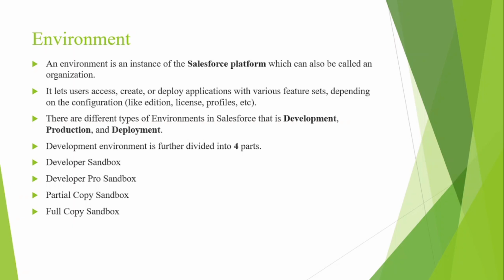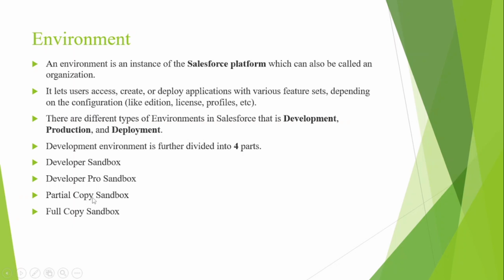Then they deploy their code from developer sandbox to developer pro sandbox. Or some developers work directly with developer pro sandbox, then they have to deploy their code from developer pro sandbox to partial copy sandbox.